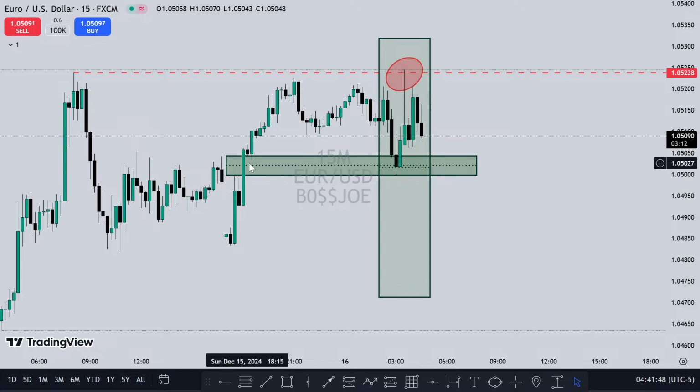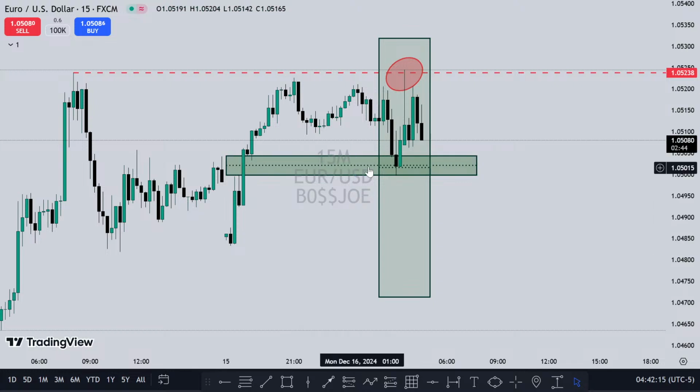We've taught and described candlestick anatomy in our previous video. We've taught you about the opening price, the closing price, the high and the low of the candlestick. So in a bullish scenario, a fair value gap is a triple candlestick pattern in which the high of the first candle does not overlap with the low of the third candle, thereby creating a gap in the second candle.